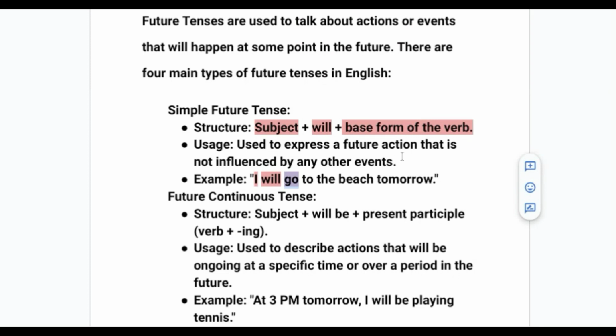Let's see what else go could be formed in, like verb 2 or verb 3. In verb 2 it's going, and verb 3 it's going only, because it cannot be goed with ed in the end.